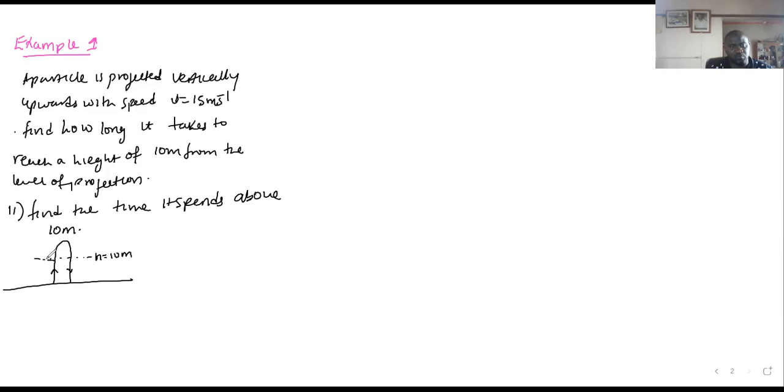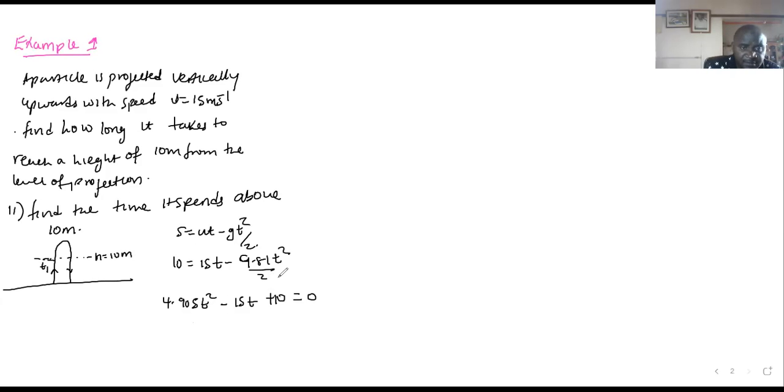So they're asking you to find t1. From s = ut - gt²/2, 10 is going to be equal to 15t - 9.81t²/2. So give me 4.905t² - 15t + 10 = 0. Can you put it in a calculator and give me the answer?